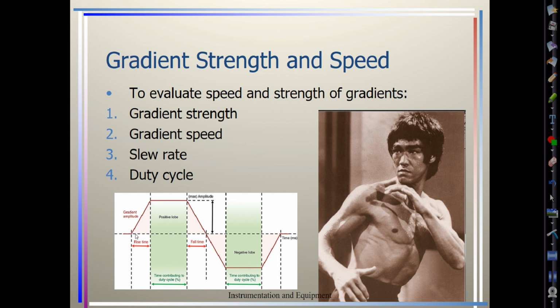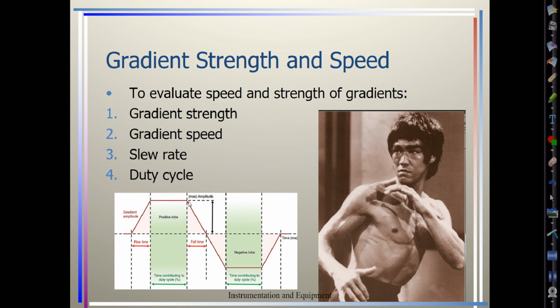The rise time is how quickly that gradient is turned on until it reaches maximum amplitude. That's our rise time, and that's in microseconds. Once it's turned on, we have a positive lobe, and as it's being maintained, that's our duty cycle. That's the time contributing to the duty cycle. So it can be a percentage of all this that's going on, or you could just think of it in terms of microseconds.